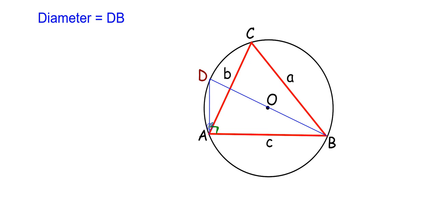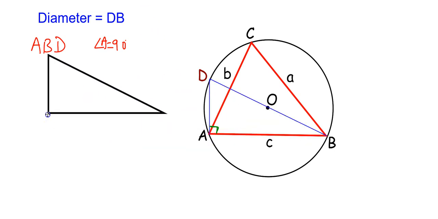So triangle ABD is a right triangle, with angle A equal to 90 degrees. It is a right triangle.